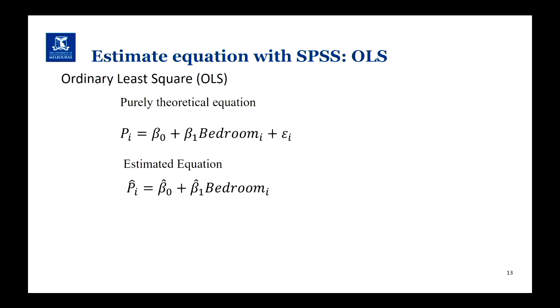So that indicates the single or individual sample. And then beta 0, as we mentioned, is the intercept, and beta 1 is the relationship coefficient of number of bedroom, and then epsilon is the error term.